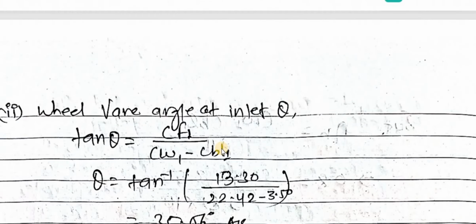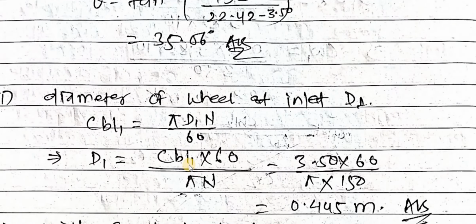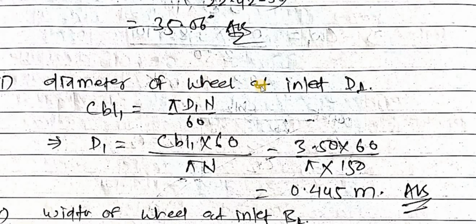Similarly, the wheel vane angle at inlet, theta, and tan theta equals Cf1 from the triangle, Cf1 upon Cw1 minus Cb1. Putting in the values of all this, we get the value of theta, 35.06 degrees. Similarly, the diameter of the wheel at inlet, D1.